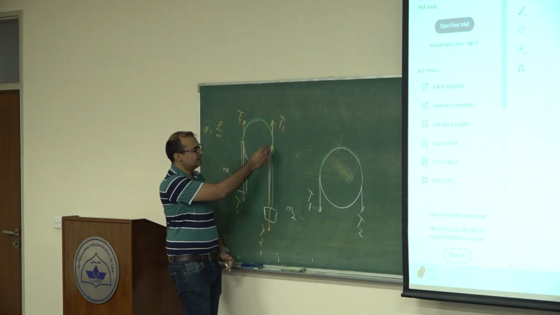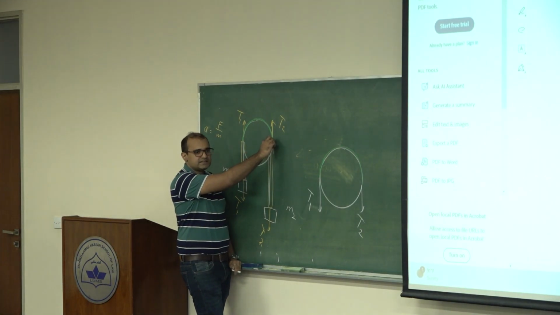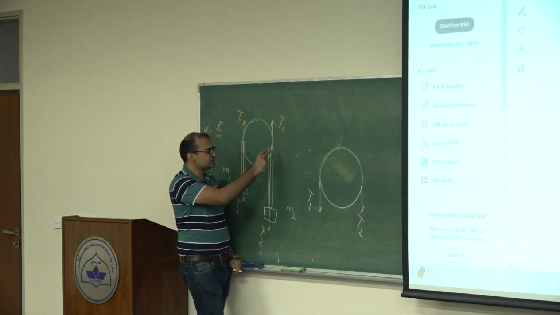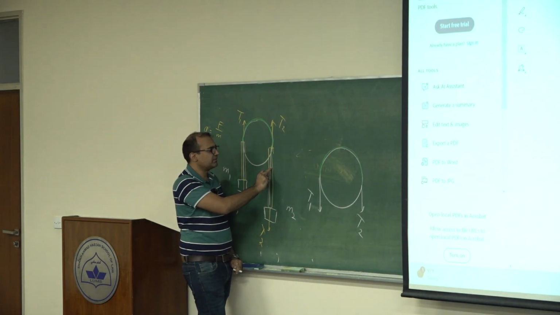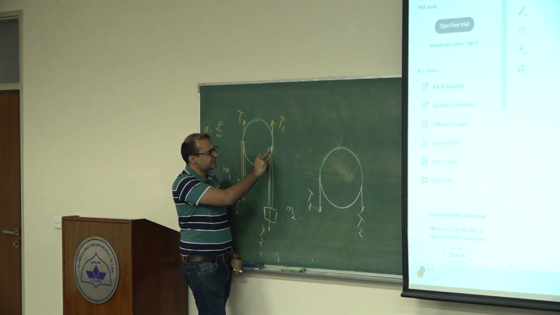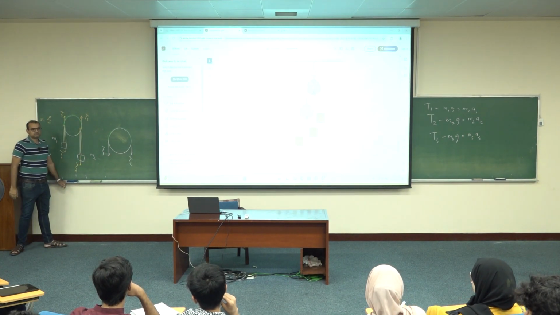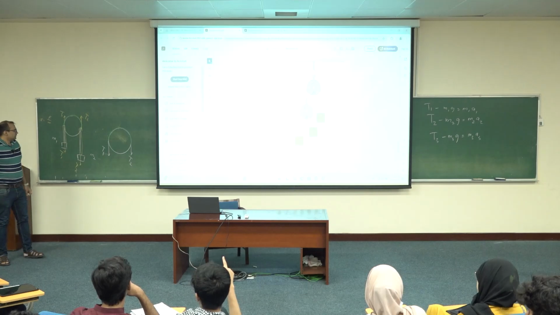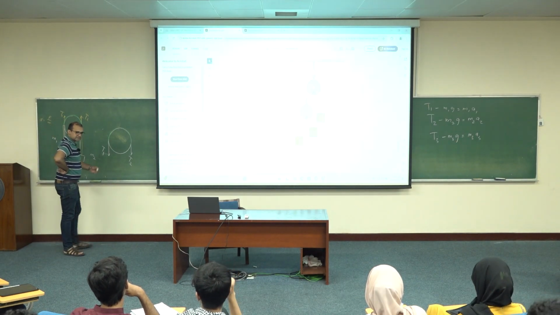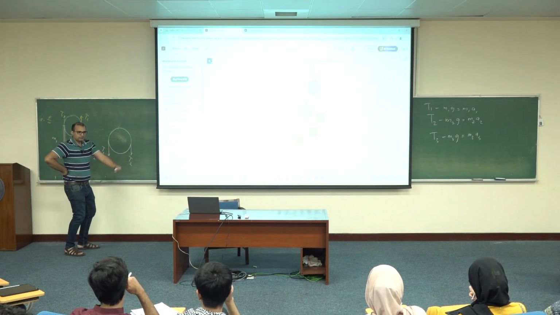Where did this force come from? This green segment pulled this one upward. Then correspondingly this other segment pulls the green segment down with force. So that's why the tension is equal throughout.